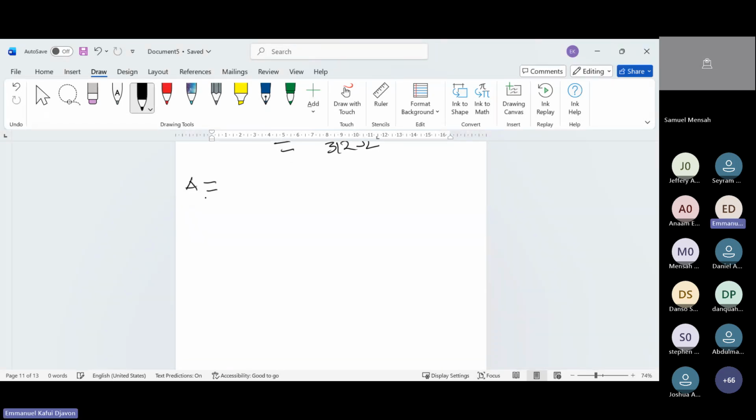Now, when you are done, you can say A is 780 ohms, B is 260 ohms, C is 312 ohms. Now, the question was given in star, am I right? So now you just draw the equivalence in delta.